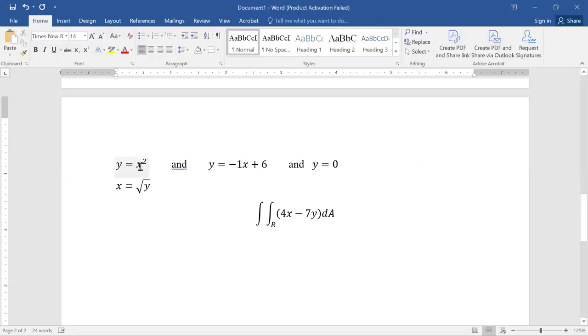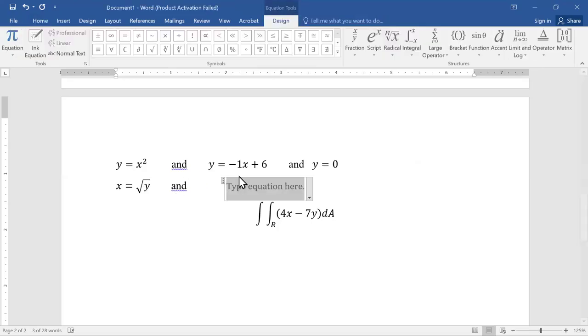Just note that if I'm going to do this with respect to X, when I have Y equals x squared, and now I want to integrate with respect to X, I better change that over into an equation which has X equals a function of Y. And similarly, if I solve for X, I would subtract 6 from both sides and then multiply both sides by a negative 1.